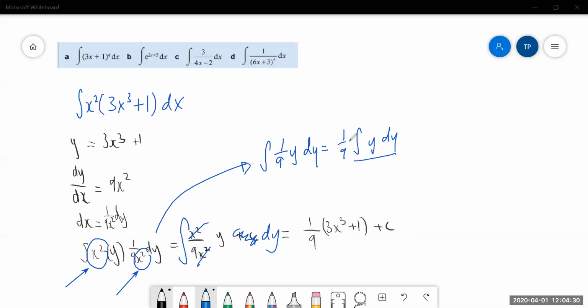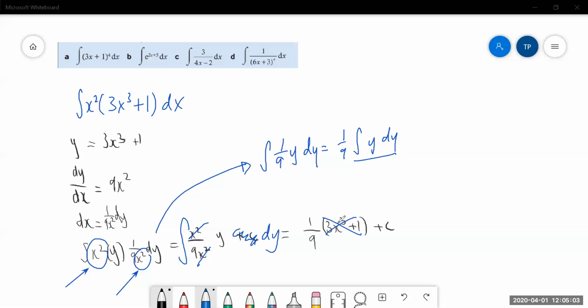So you integrate y itself. If you integrate y, you get y squared over 2.